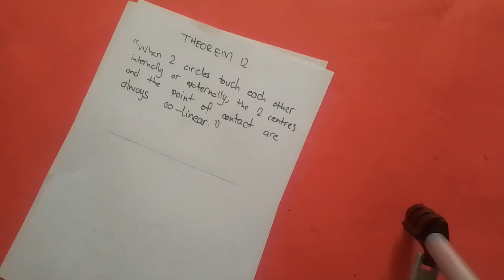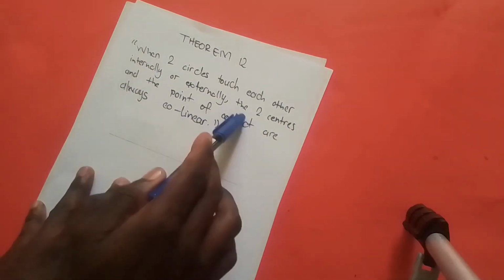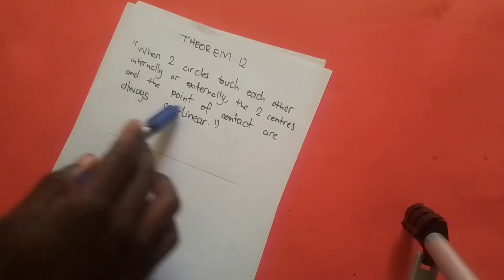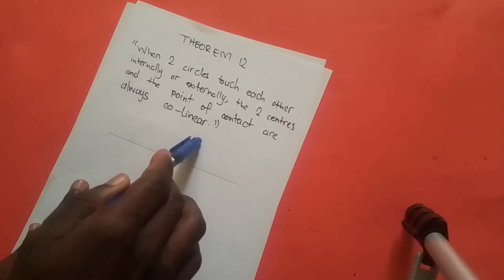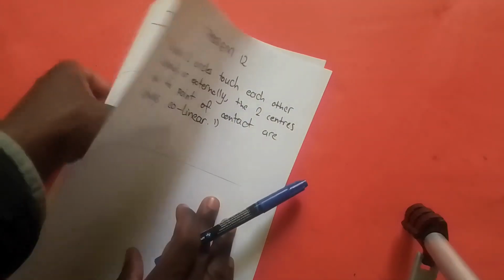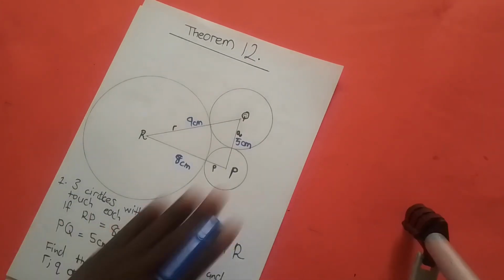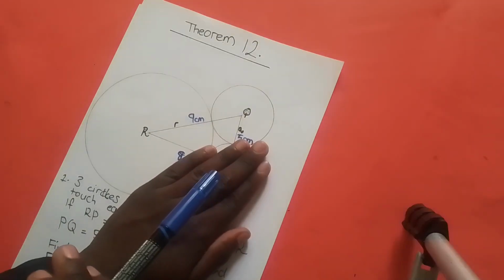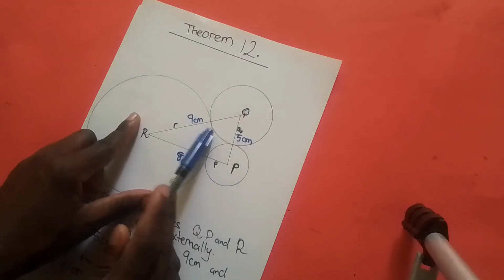Okay, so theorem 12 is saying that when two circles touch each other, whether internally or externally, the two centers and the point of contact are always collinear. So what does that mean? Let me explain. For the moment, ignore the small circle. Let's say we have two circles, this circle and this circle, with this point of contact.